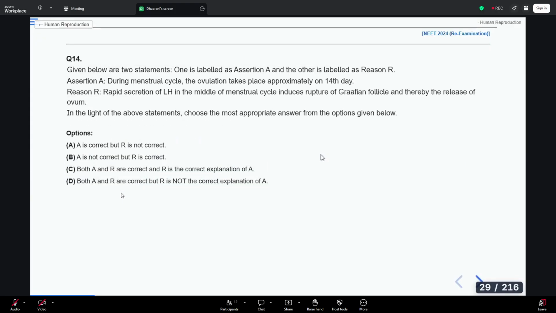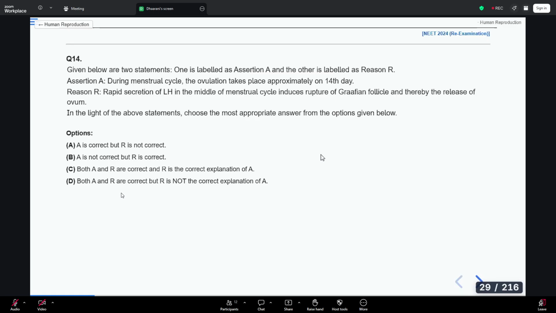Given below are two statements. One is labeled as assertion A and the other is labeled as reason R. Assertion: during the menstrual cycle, ovulation takes place approximately on the 14th day. Reason: rapid secretion of LH in the middle of the menstrual cycle induces rupture of Graafian follicle and thereby the release of ovum.